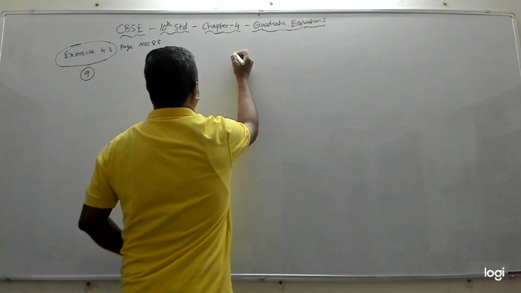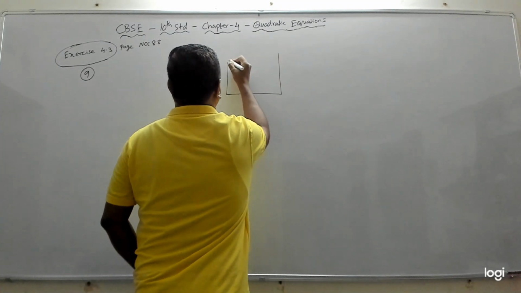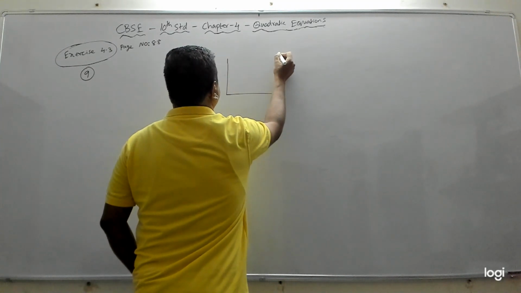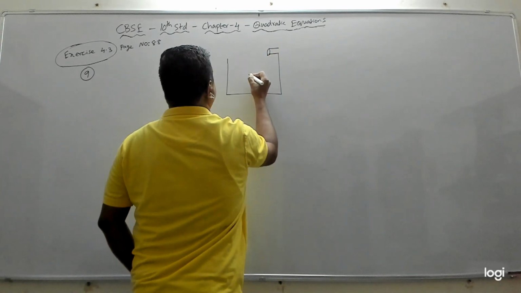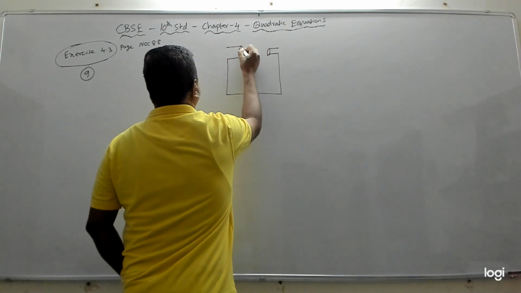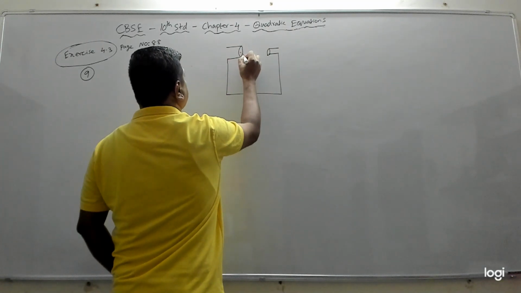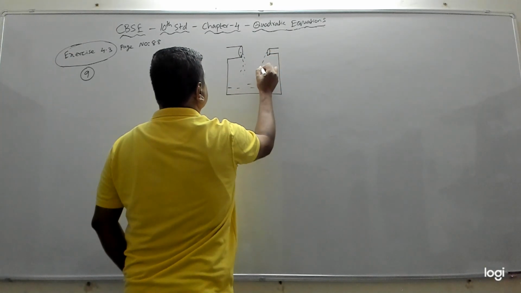Suppose if I draw a diagram, suppose there is a tank here. Suppose that the tank is filled by the two taps. So there is one tap and there is another tap of bigger diameter. It's a small tap, so they are filling. The water is falling and the tank is getting filled.